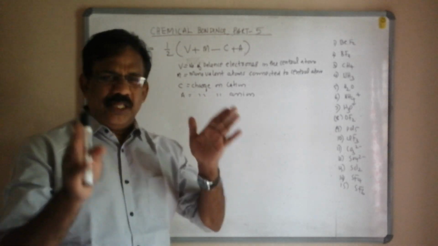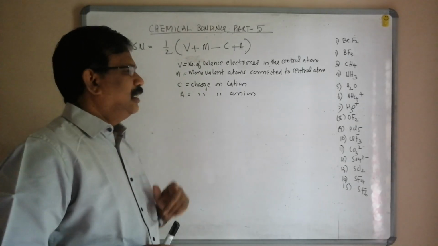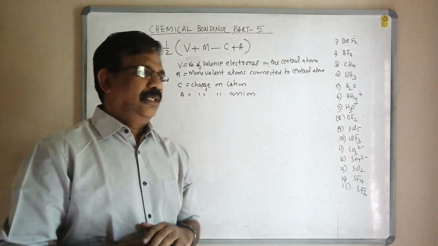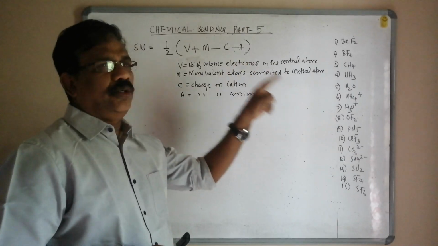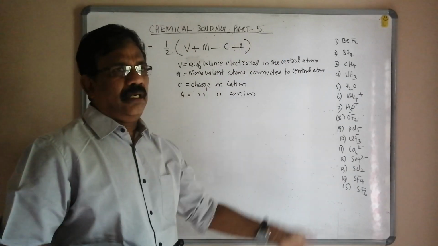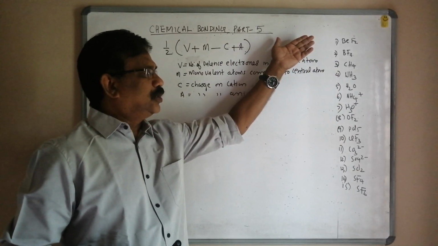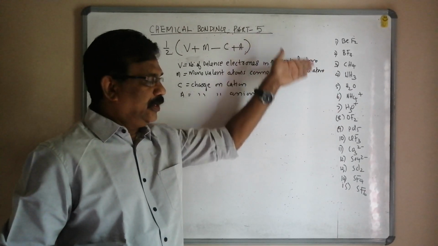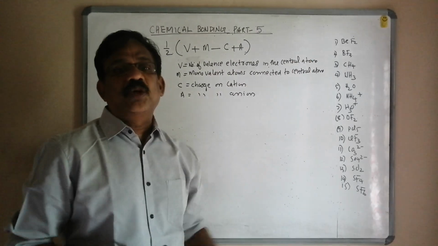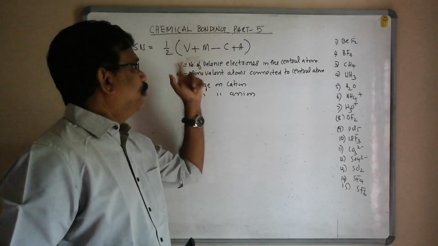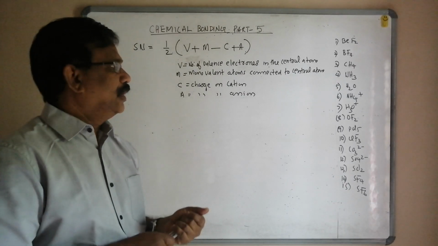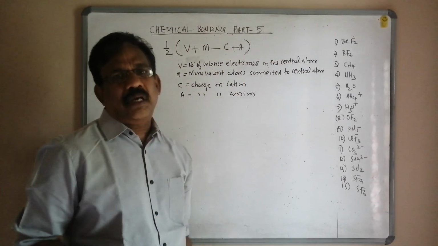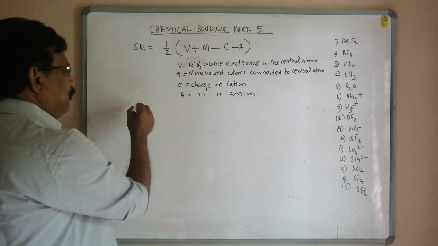C is the cationic charge, A is the anionic charge, the charge on the anion and the charge on the cation. So we can discuss in a shortcut way the hybridization and the shape of these simple molecules and simple ions by using this formula. First molecule, beryllium difluoride.